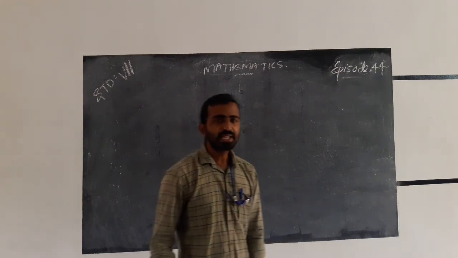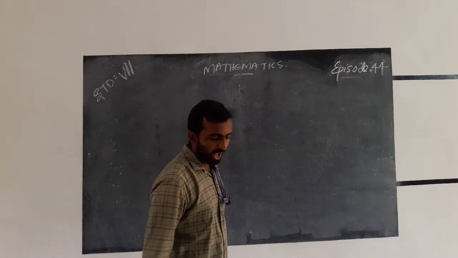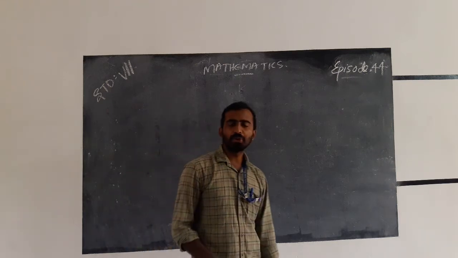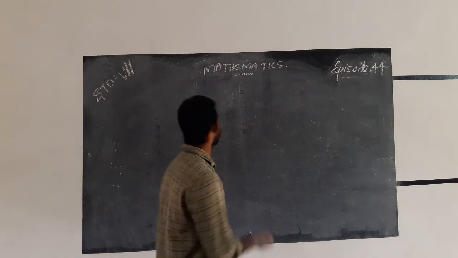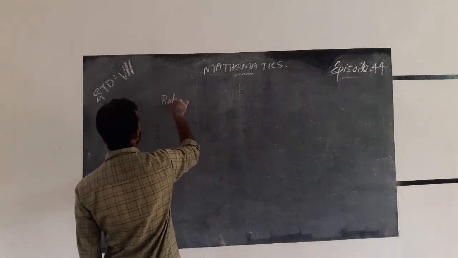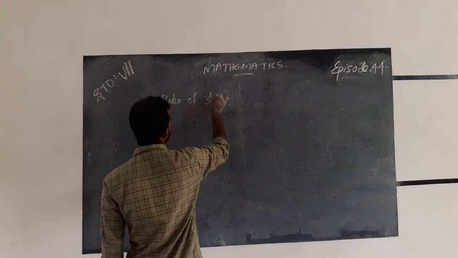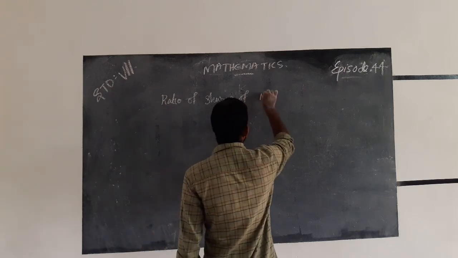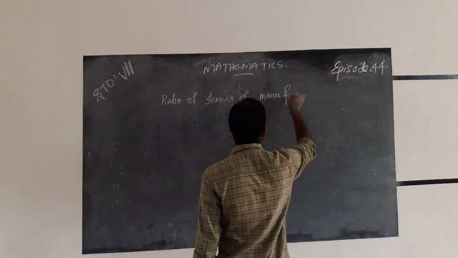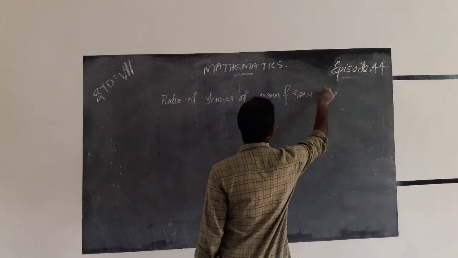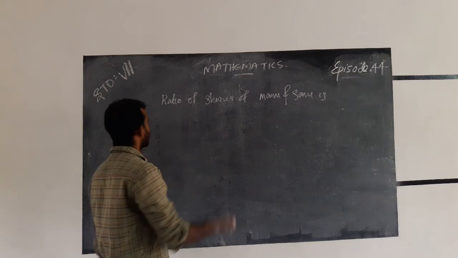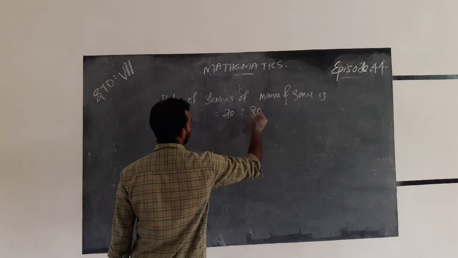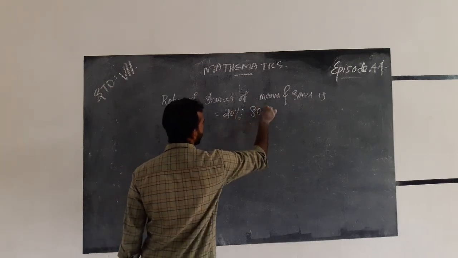First we write the ratio of shares of Manu and Sonu. The ratio of shares of Manu and Sonu is 20 is to 80, or 20% is to 80%.